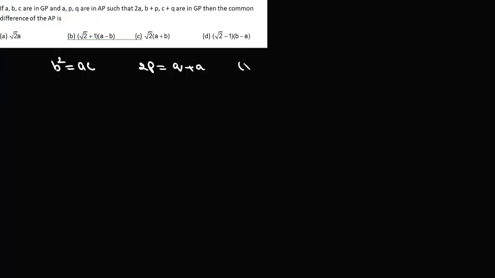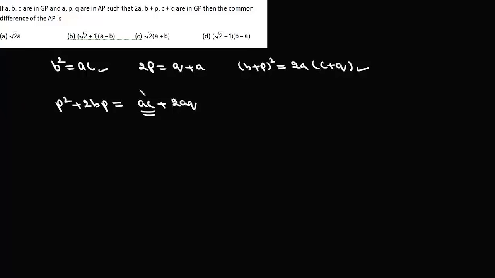So that means B plus P square is equal to twice A into C plus Q. Now what we'll do is, we'll subtract first from third, then we can write P square plus 2BP will be equal to AC plus 2AQ. Now AC is nothing but B square.